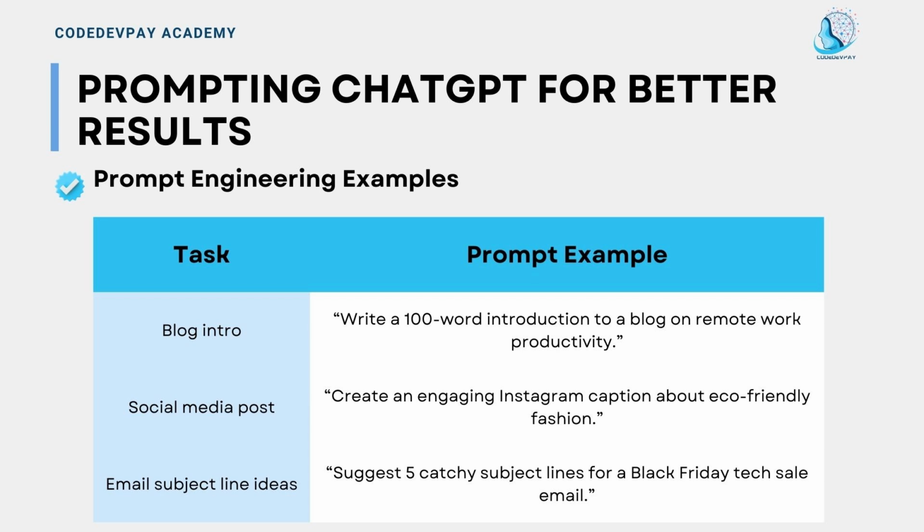ChatGPT will base on whatever prompt that you give it in order to give you the content in the right way. And with the last one, we made it suggest 5 catchy subject lines. So the keyword is catchy subject and it's for Black Friday tech sales. So in all of this, the subject is specified and some keywords are also specified.